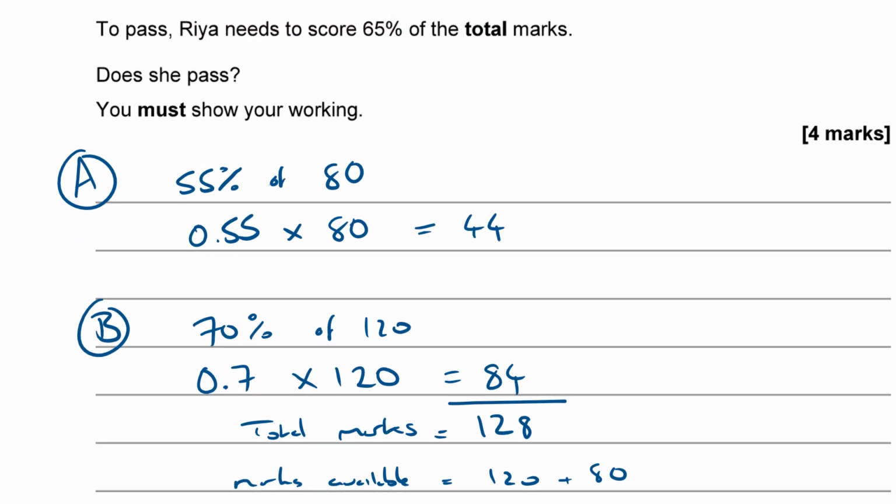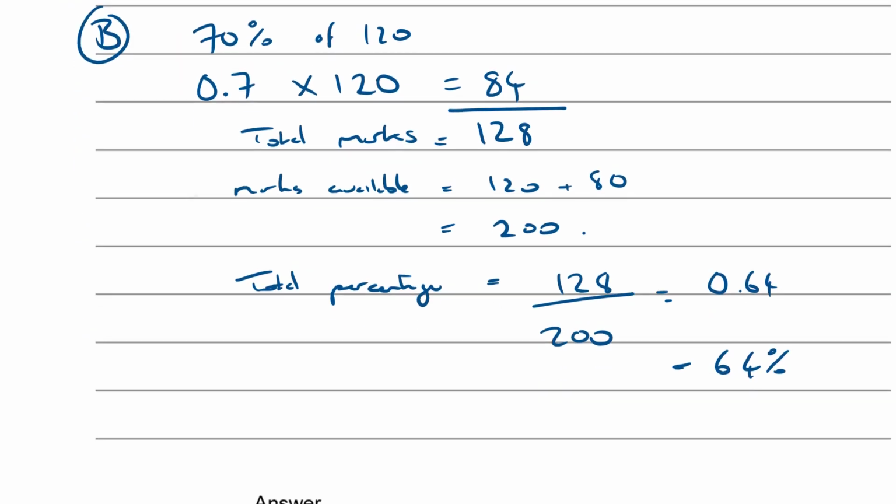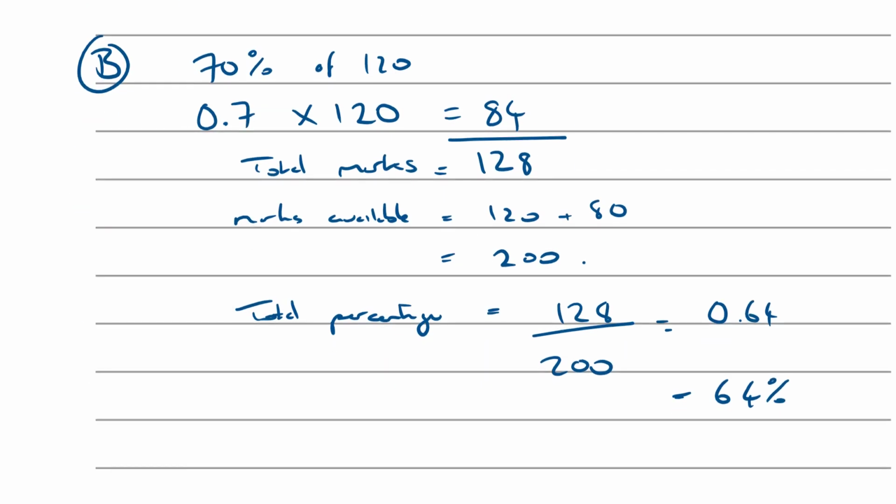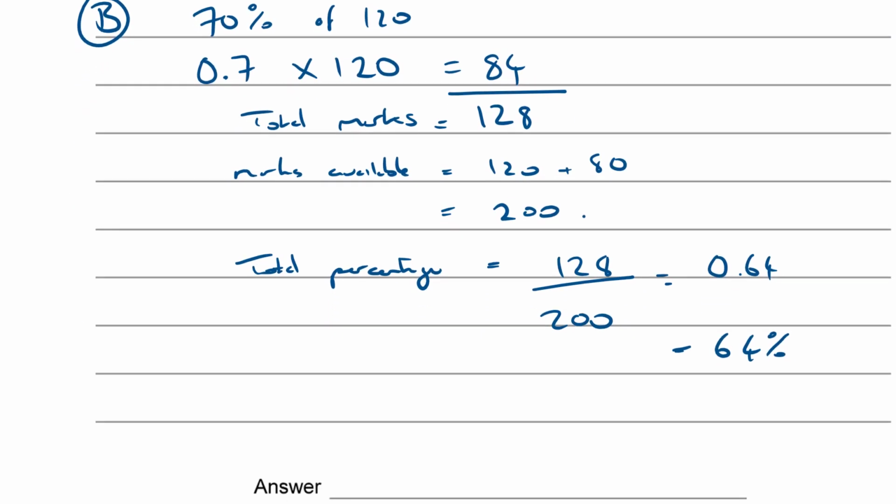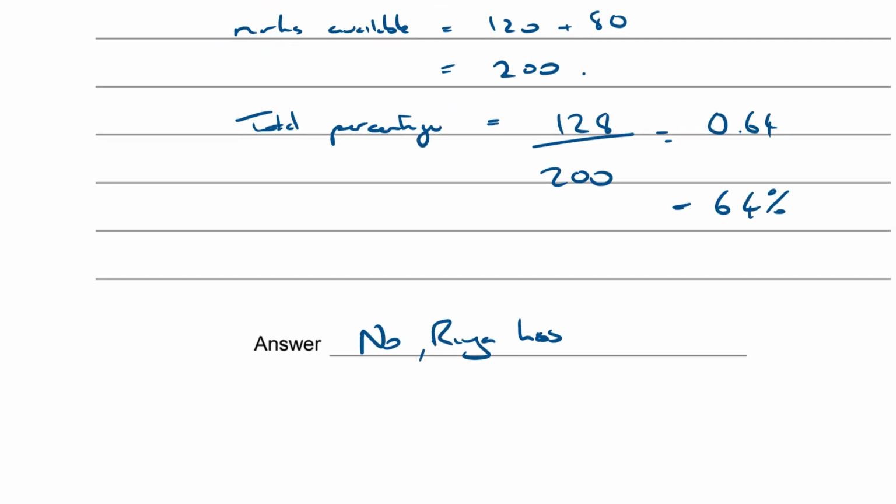Now she needed 65%. Oh dear, dear oh dear Ria, you've missed it by 1 mark, or 1 percentage point I should say. So has she passed? No, Ria has not passed.